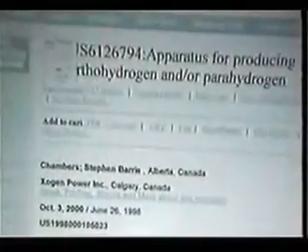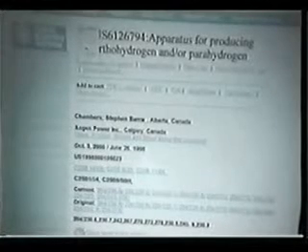You can see this is by Stephen Chambers. And again, the name of the patent, apparatus for producing orthohydrogen and parahydrogen. That's just more gobbledygook for we're not going to tell you what we're really doing. But they think this is going to protect them, and they're raising millions and millions and millions of dollars on it. Go ahead.